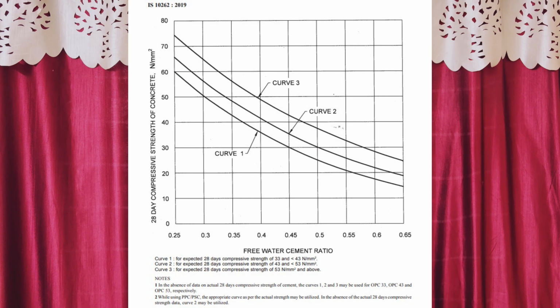The lower curve is curve 1, which shows OPC 33 grade of cement. If we are using OPC 33 grade of cement in our concrete mix, we will use curve 1. If we are using OPC 43 grade of cement, we will use curve 2, which is the middle one. And the top curve is curve 3, which we use when we are using OPC 53 grade of cement in our concrete mix.